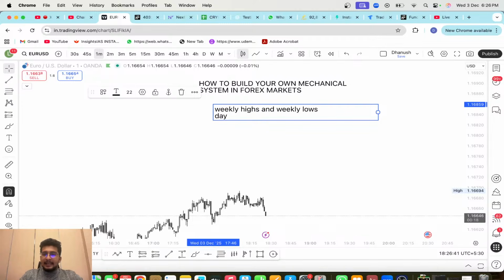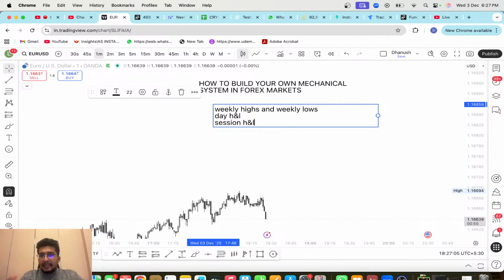Then daily highs and lows are another liquidity level. Next, coming to lower time frames, session highs and lows. We have a 24-hour market, out of which we have three sessions basically: Asian, London, and New York. Session highs and lows also play an important key role in the liquidity area.